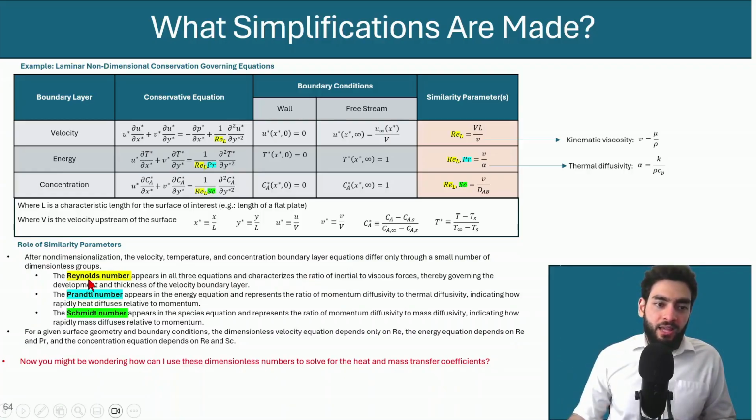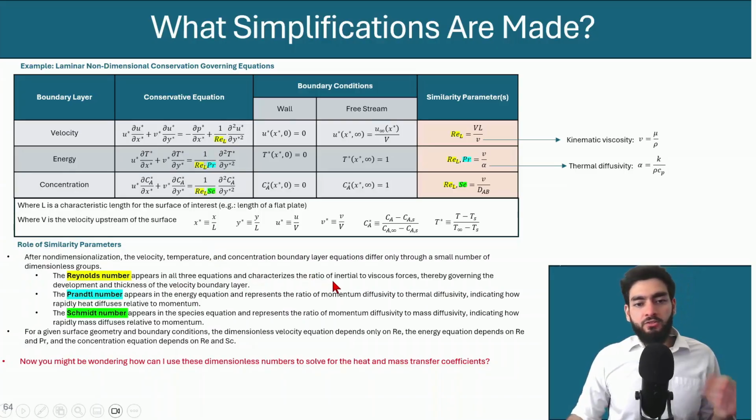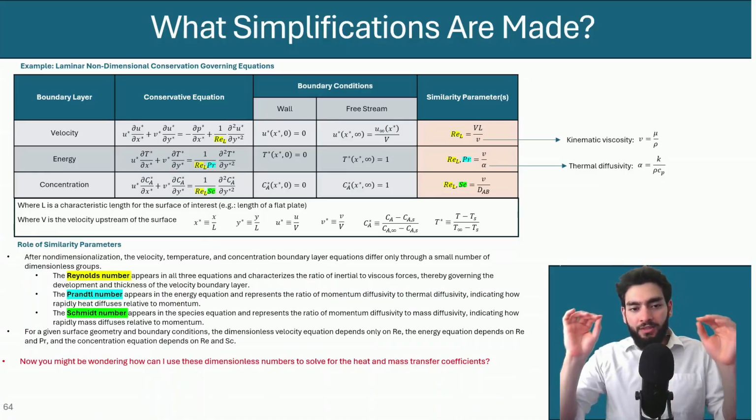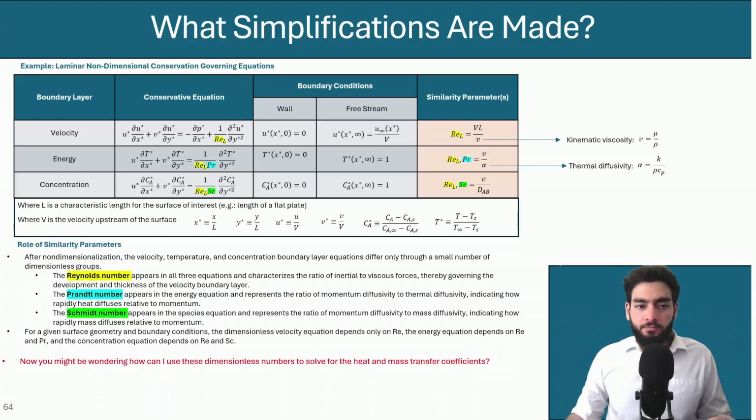So let's look at the Reynolds number, for instance. It appears in all three of the equations, and this characterizes the ratio of inertial to viscous forces, and thereby it governs the development and the thickness of the velocity boundary layer.